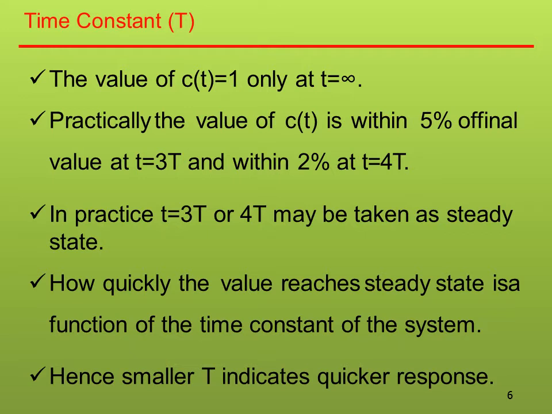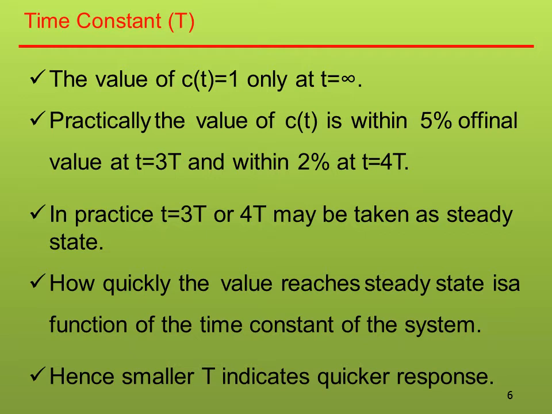Then time constant T. The value of c(t) is equal to 1 only at t equal to infinity. You can notice that practically the value of c(t) is within 5% of the final value at t equal to 3T, and within 2% at t equal to 4T.